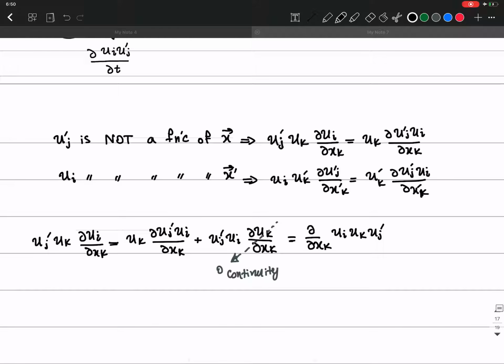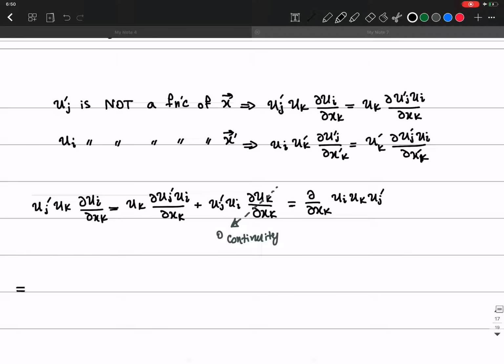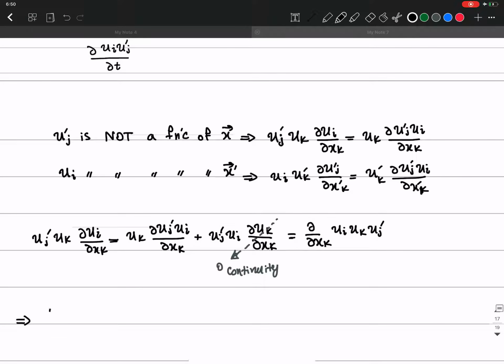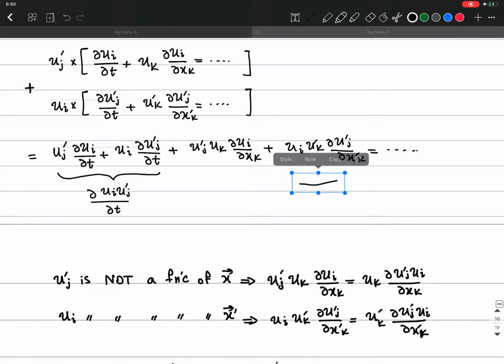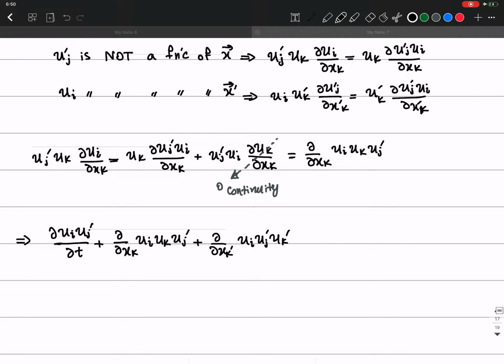So finally, we are going to get ∂(ui uj')/∂t + ∂/∂xk (ui uk uj') + ∂/∂xk' (ui uj' uk') from here equals the right hand side, okay?